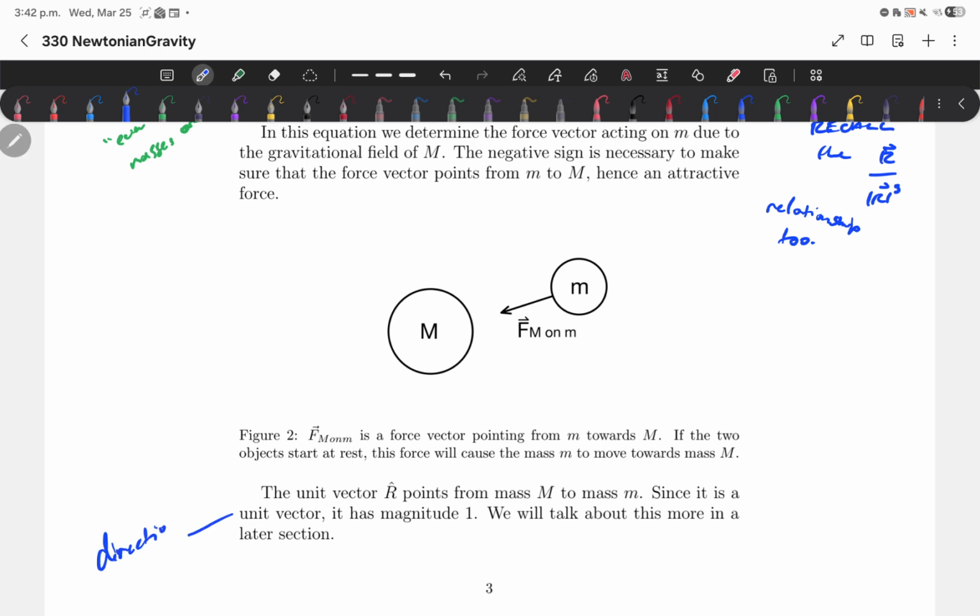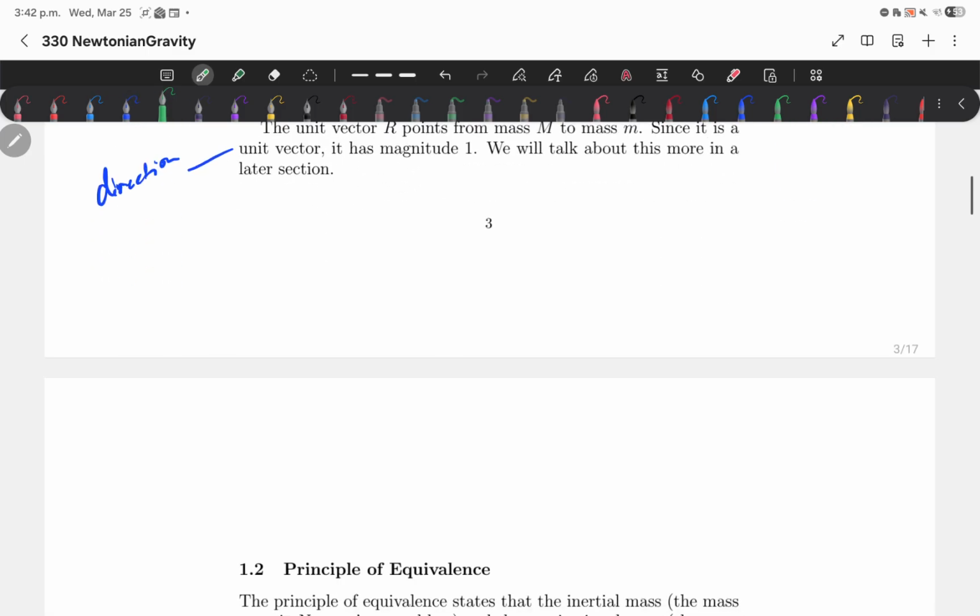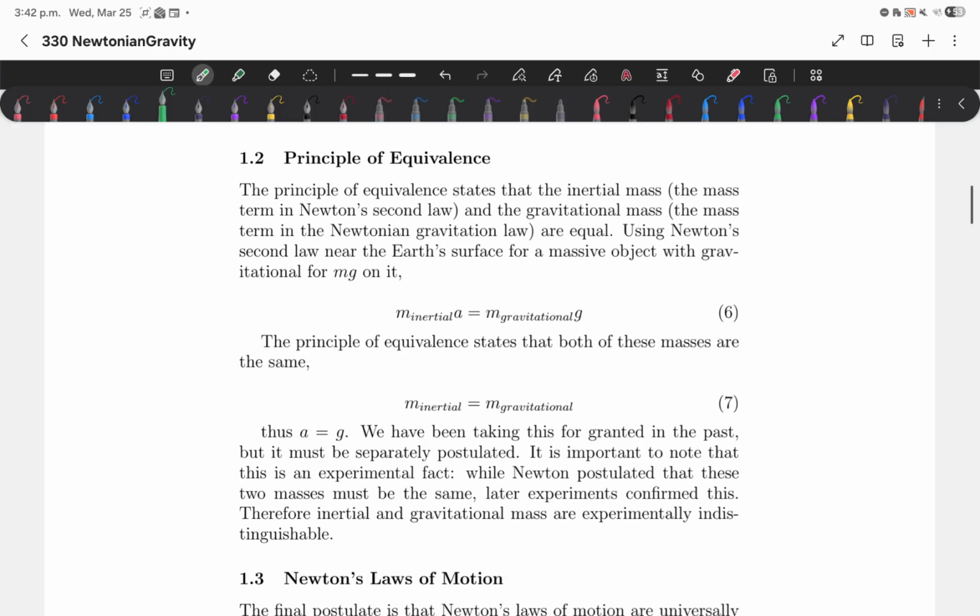All right, let's get to the next one of Newton's gravitation postulates here. This is the principle of equivalence. This one kind of seems obvious. We kind of take this one for granted. But Newton introduced the ma law, right? Newton's second law.